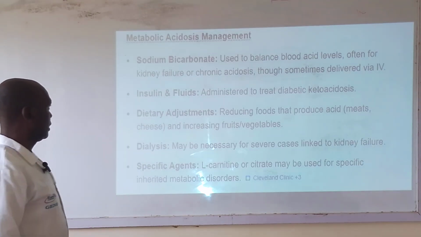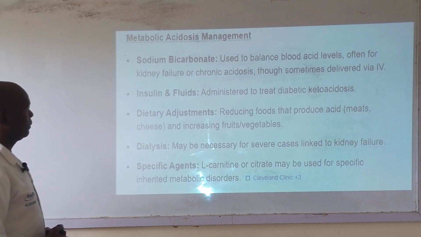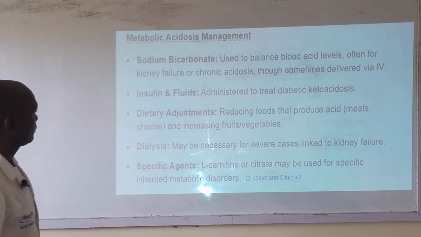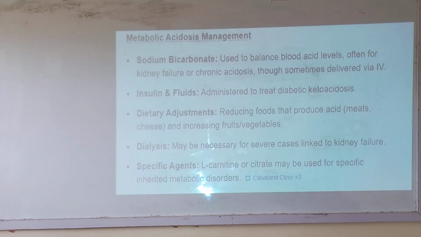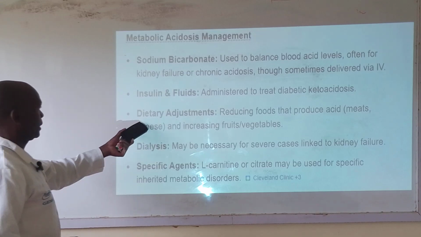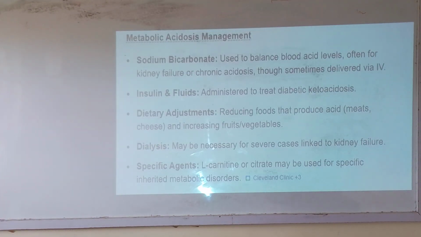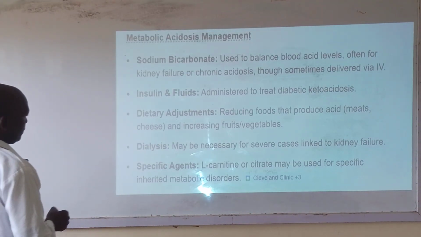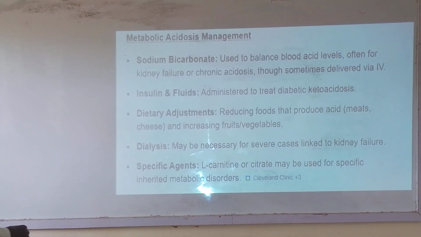If it is DKA, you also give insulin and fluids to control ketoacidosis. There are dietary adjustments. In kidney failure, you do dialysis, and you can also use specific agents depending on the type and the causative agent of that state of acidosis, as we have seen.